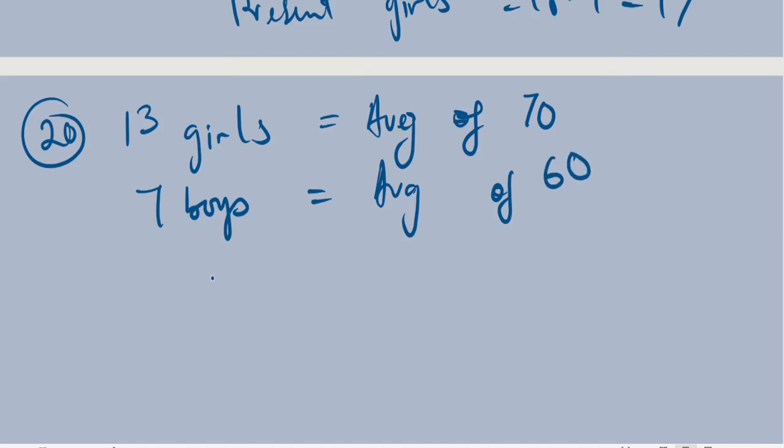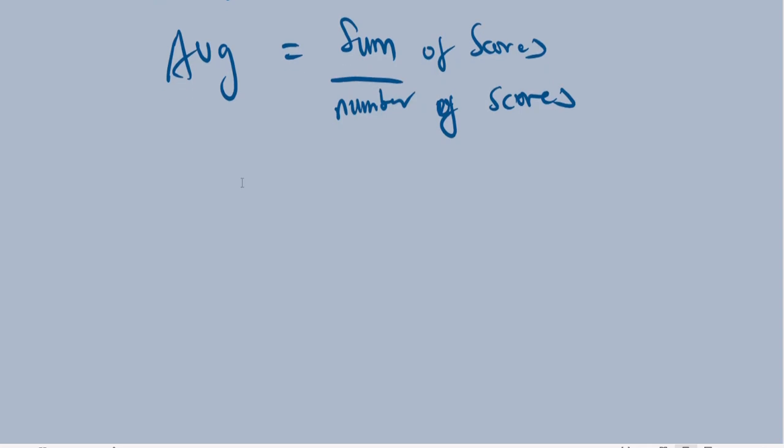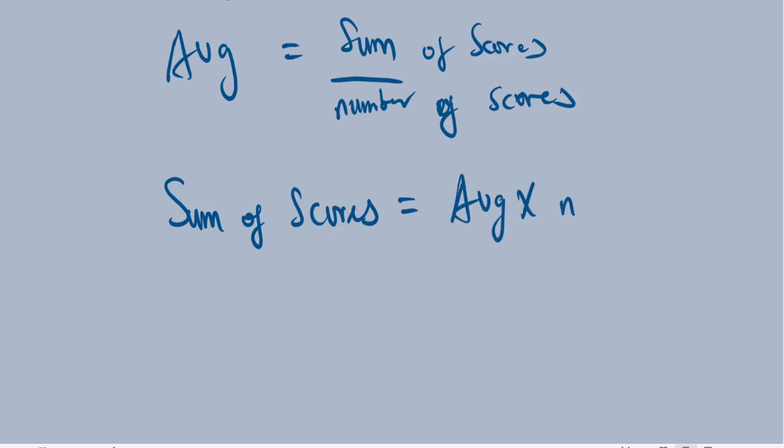So in order to find the total average, remember, as I stated earlier, average is equal to sum over number, that is sum of scores over number of scores. So sum of scores will be equal to average times number of scores, or number of students.